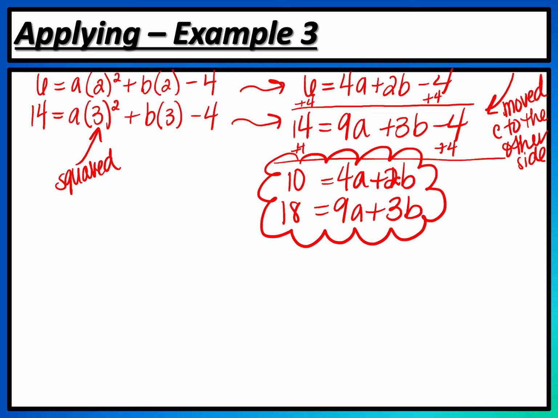And we now want to do substitution or elimination on them. And we want to solve for a and b. Okay, so I think that elimination is probably our easiest option here, since I don't have a coefficient of 1 in order to substitute. Okay, so I'm just going to rewrite again over here so it's clean and I can solve.